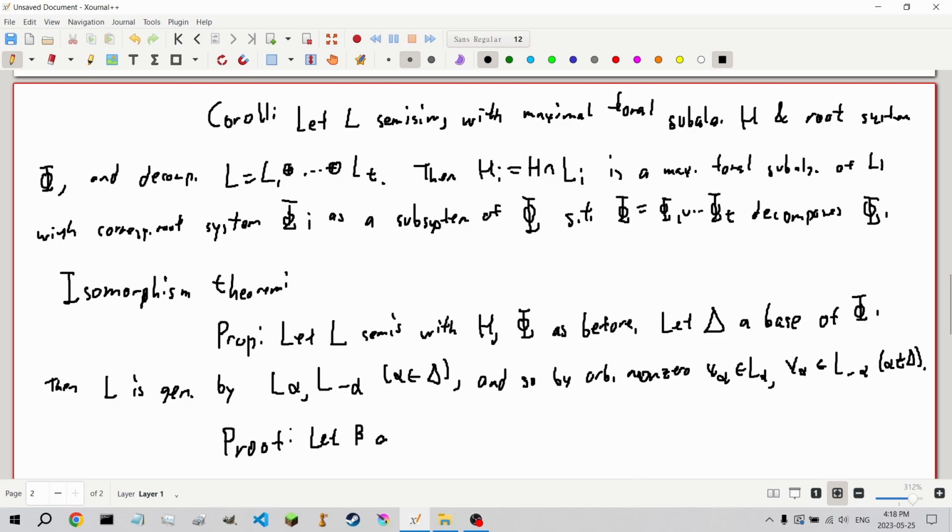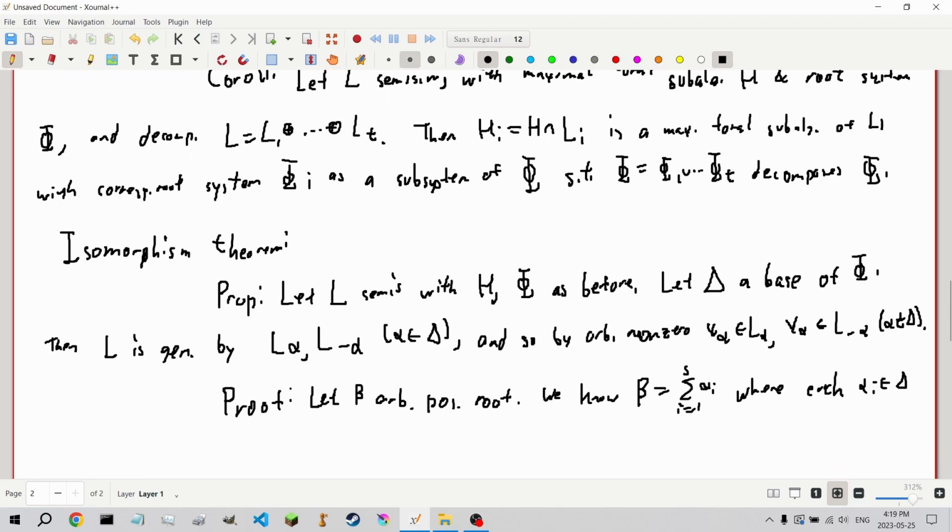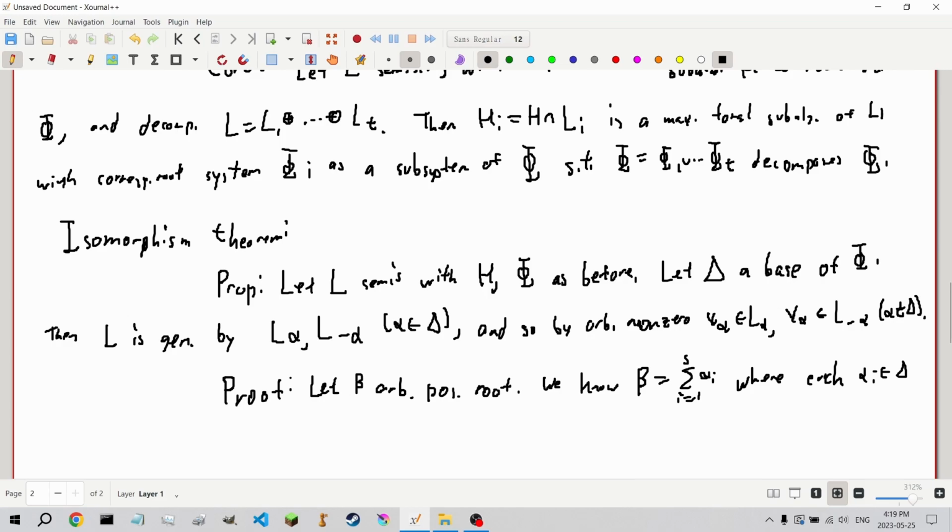The proof. Let beta be an arbitrary positive root relative to Delta, of course. We have seen that beta can be written as the sum of alpha_i, from 1 to s, where each alpha_i is a base root, positive, simple, whatever the word for that is, and each partial sum from alpha_1 through some alpha_i is a root.